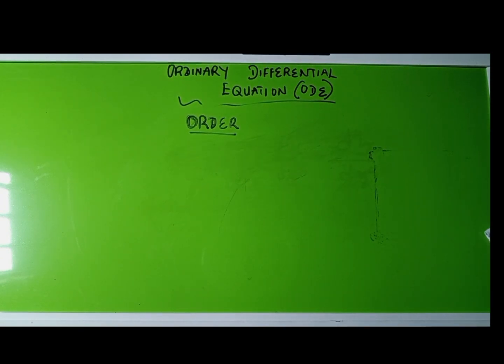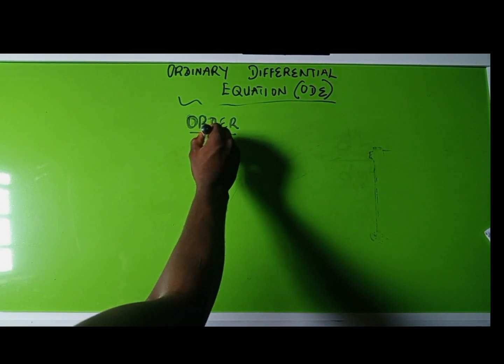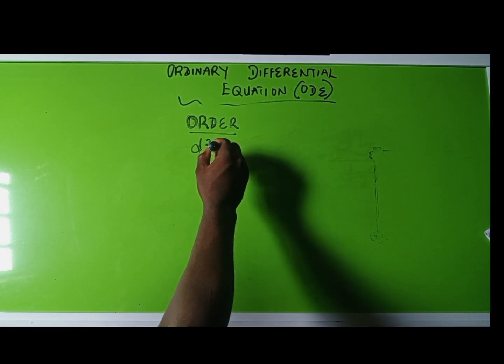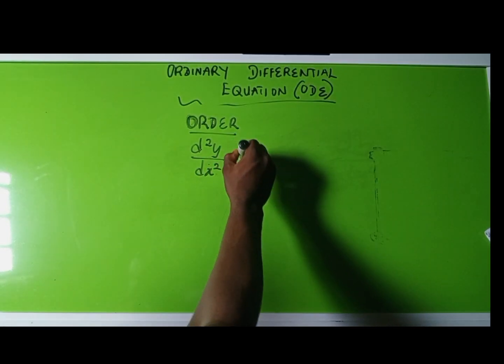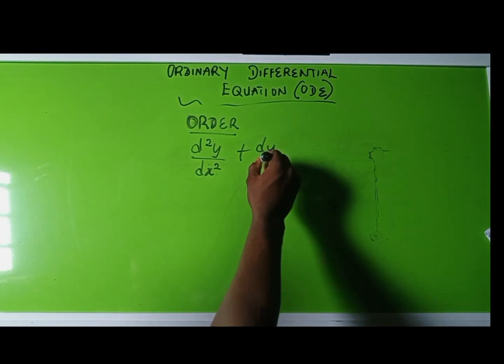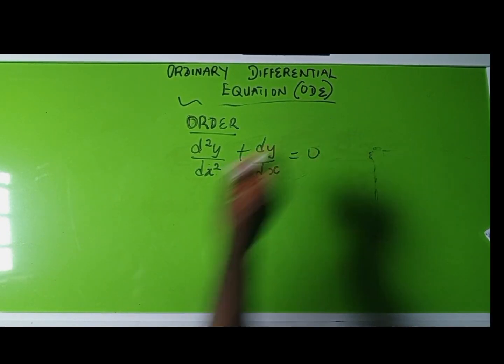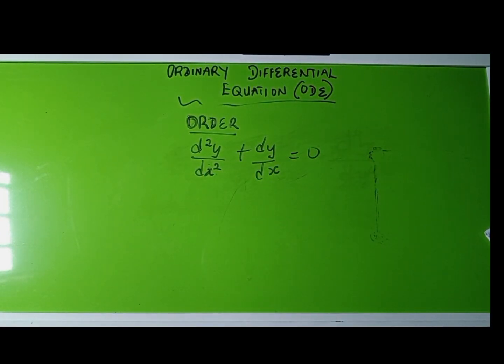You are given a complex equation like this, and you are asked to classify it by order. If you are given a complex differential equation in this manner, you know what to do. Looking at the equation, what do you do first? You ask yourself, what are the derivatives I'm seeing?